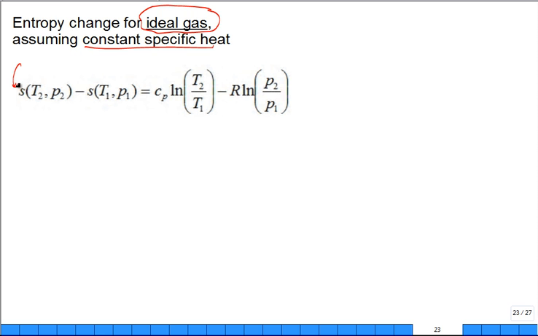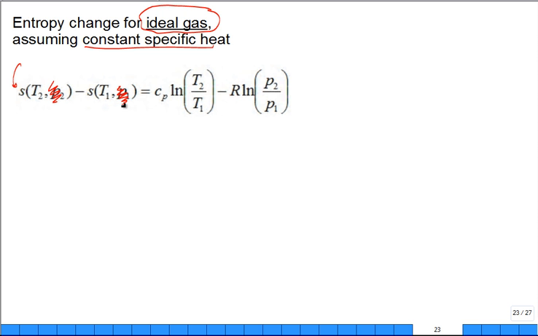S2 minus S1 didn't depend on P2 or P1. Does this equation depend on P2 or P1? It does. This throws students for a loop because they think that the entropy change is only a function of temperature.